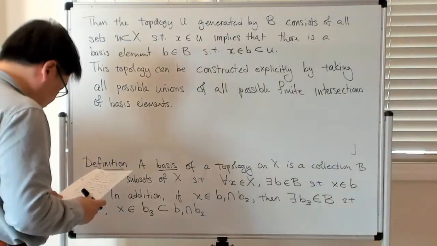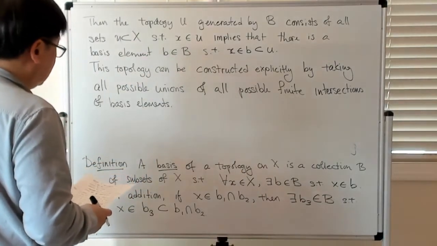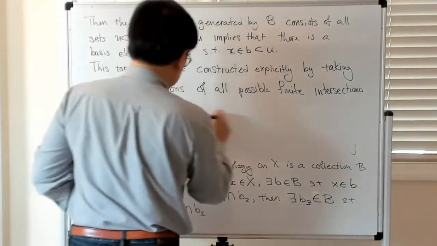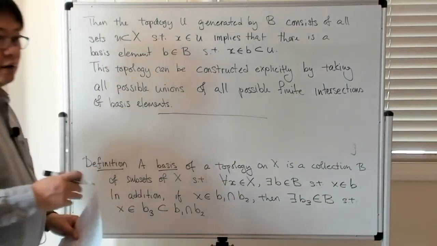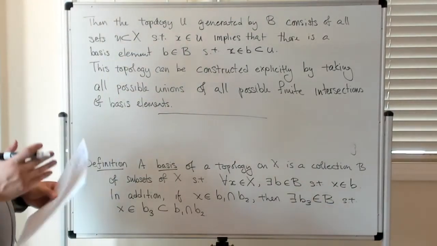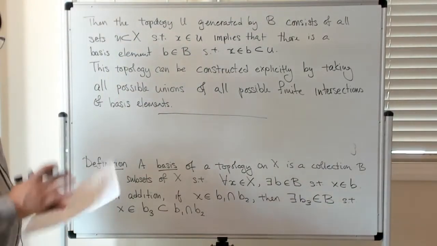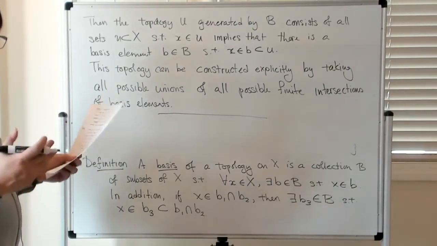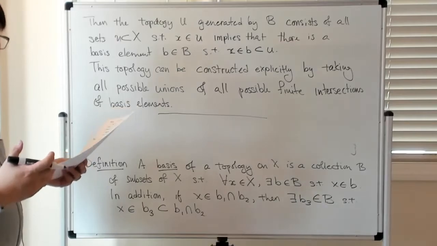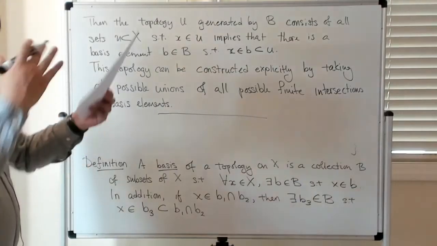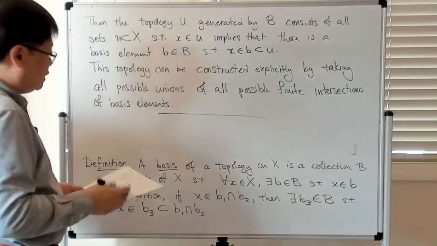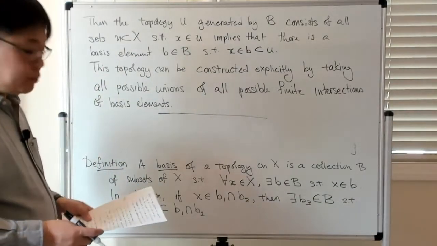Okay. Anyway, one other thing which happens often is that you might have a topology on a big space, and then you have a subspace of that space, and you want to ask to what extent you can inherit the topology of the bigger space on the smaller space, okay? And so this leads to the idea of what is called the subspace topology.